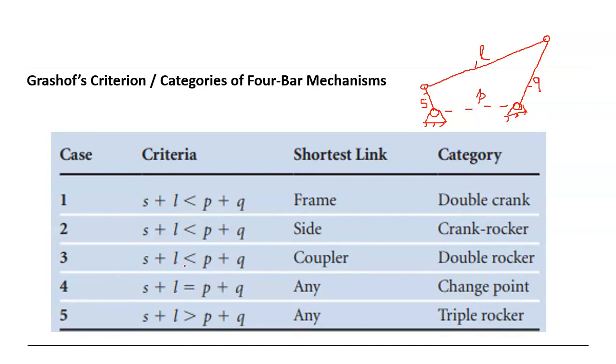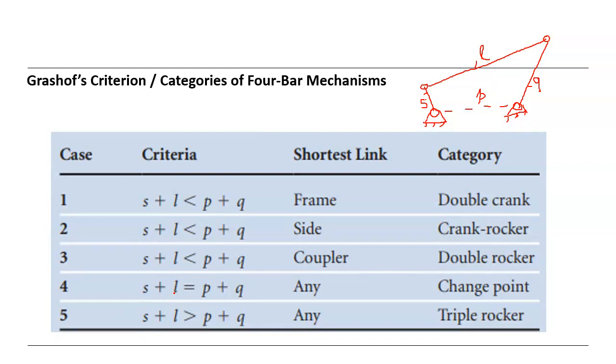If the smallest plus longest is smaller than P plus Q, and the shortest link is the coupler, then we have a double rocker.